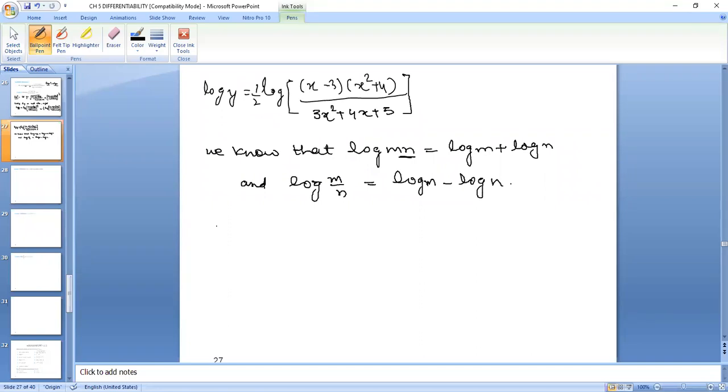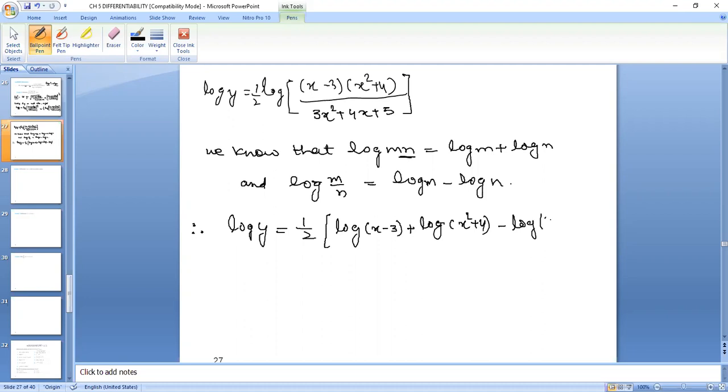So we will apply these two formulas and we will have log y is equal to 1 by 2 times log (x minus 3) plus log (x square plus 4) minus log (3x square plus 4x plus 5).